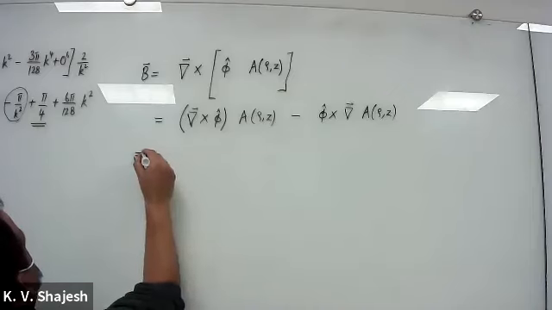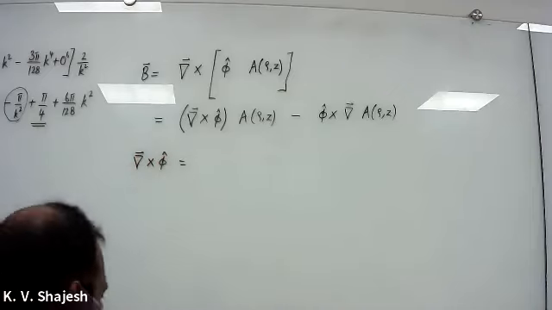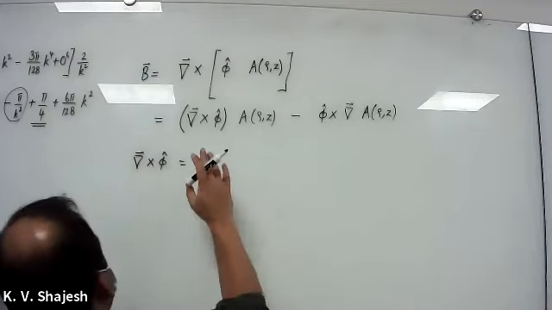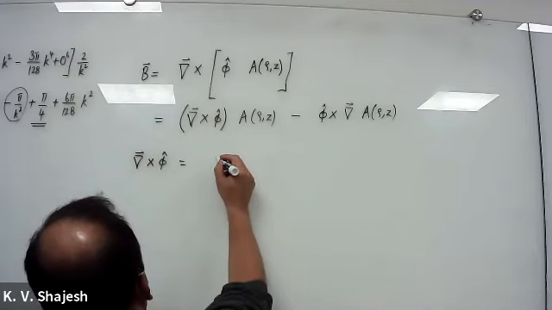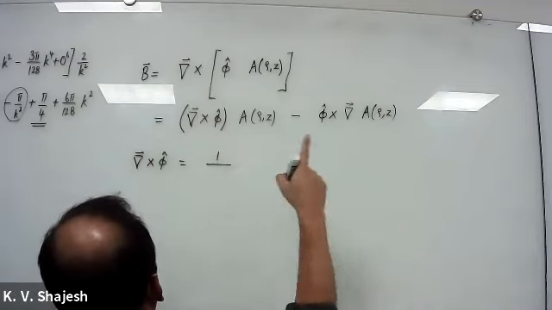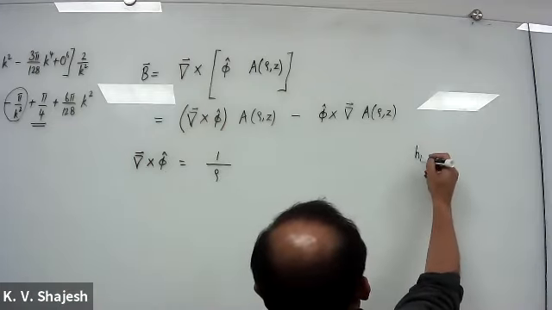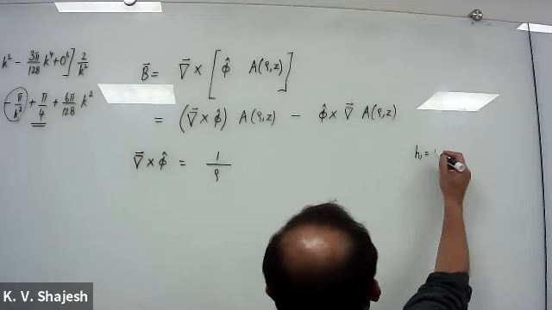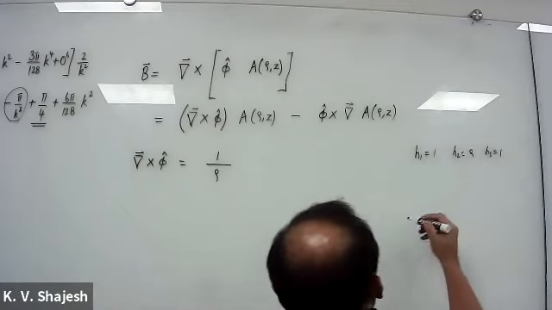Del cross phi hat. Recently we have been using this determinant, right? Let me try doing that, though I typically don't use it. We have cylindrical coordinates, so h1 is equal to 1, h2 is equal to rho, h3 is equal to 1.